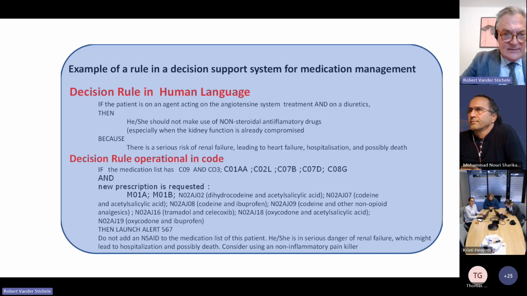If you want to translate, and it is small reading, but if you want to translate this decision rule in human language in an operational code, then you need about 20 different ATC codes just to create this rule and to make sure that the alert is triggered at the right time.